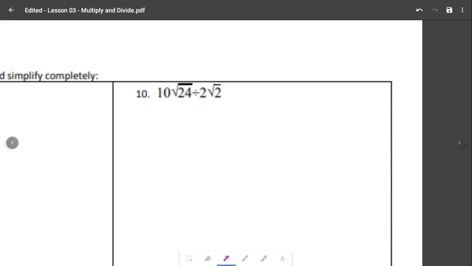All right, so number 10, like I said, we're going to divide the outsides first. 10 divided by 2, we get 5. Because they were both on the outside, their quotient stays on the outside. And now inside, we have 24 divided by 2 gets us 12.